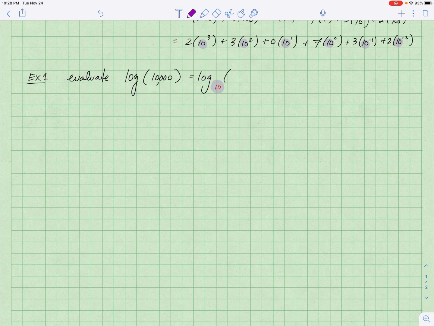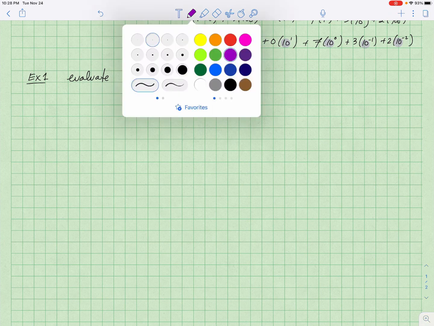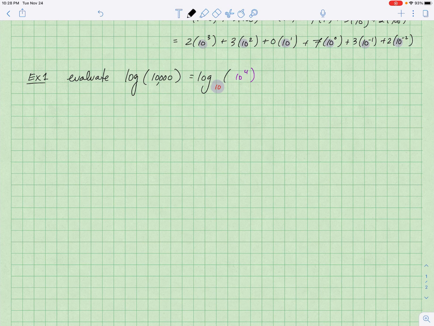And our argument, 10,000, is 10 to the fourth power. And so what we're looking for here is the power that turns 10 into 10 to the fourth power, and the result there is just 4. Or if you like, the stone-cold number of zeros that we have on the end of this number, 1, 2, 3, 4. So that's pretty straightforward.